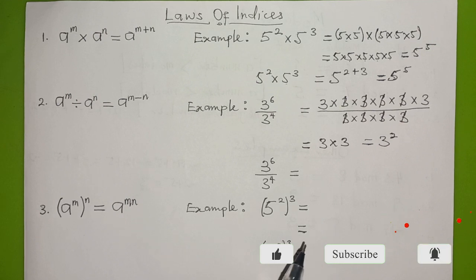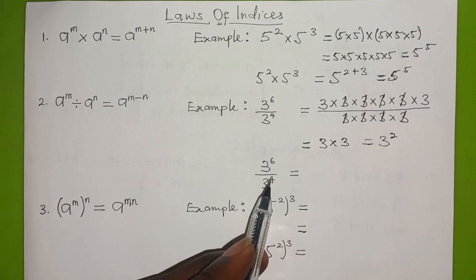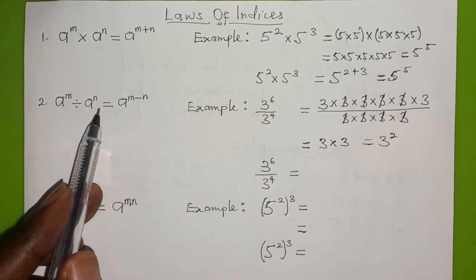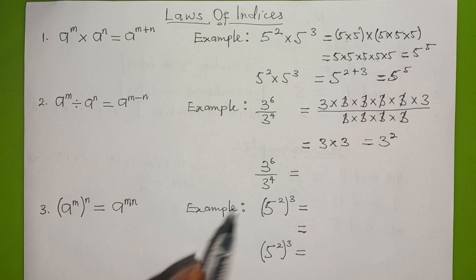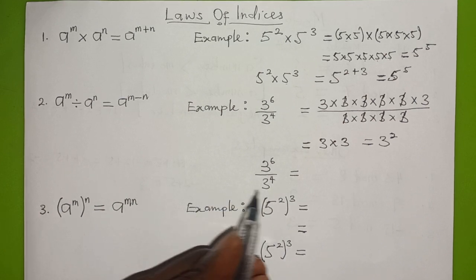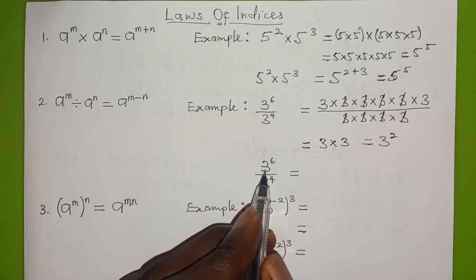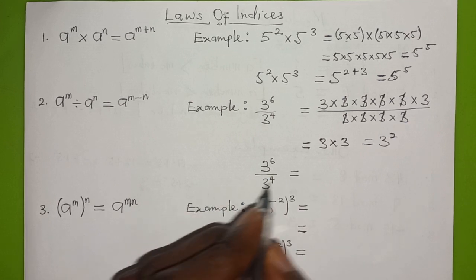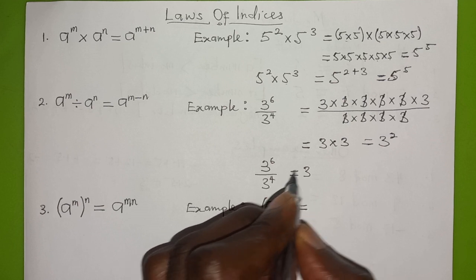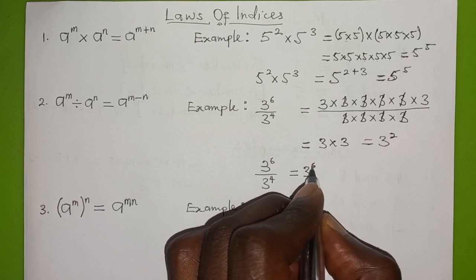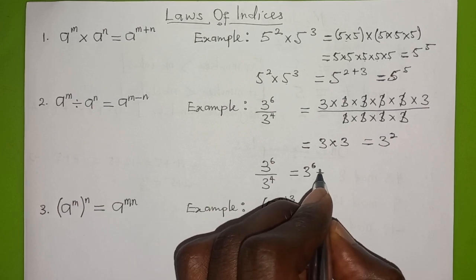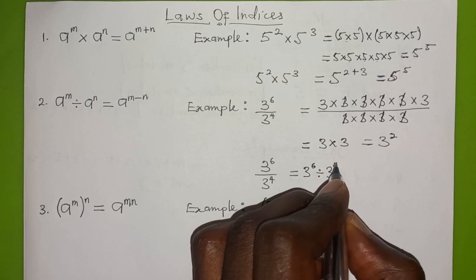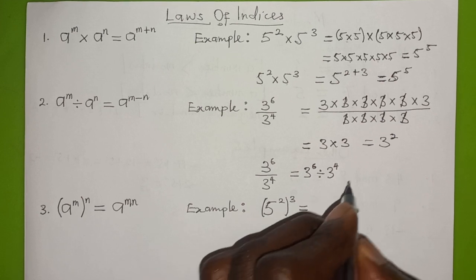All right. Now, let us try to express it in the form of our law that we have. Now, we can boldly say that this 3 raised to the power 6 divided by 3 raised to the power 4 is the same thing.